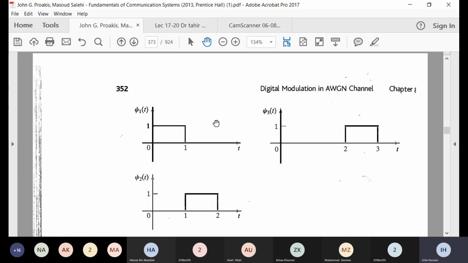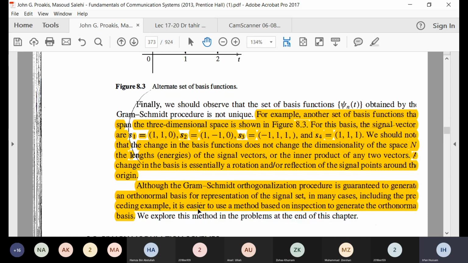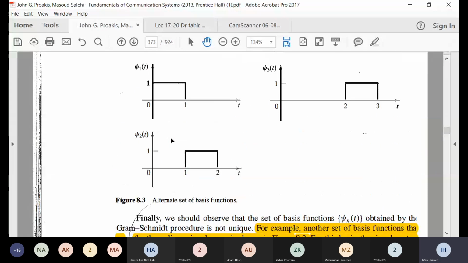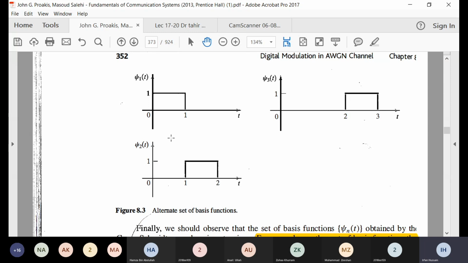S1 was from 0 to 1 onto psi 2. Again, you can see it will give you 1. So you just put 1 here. And the projection of my S1 signal onto psi 3, because psi 3 was from 1 to 3.